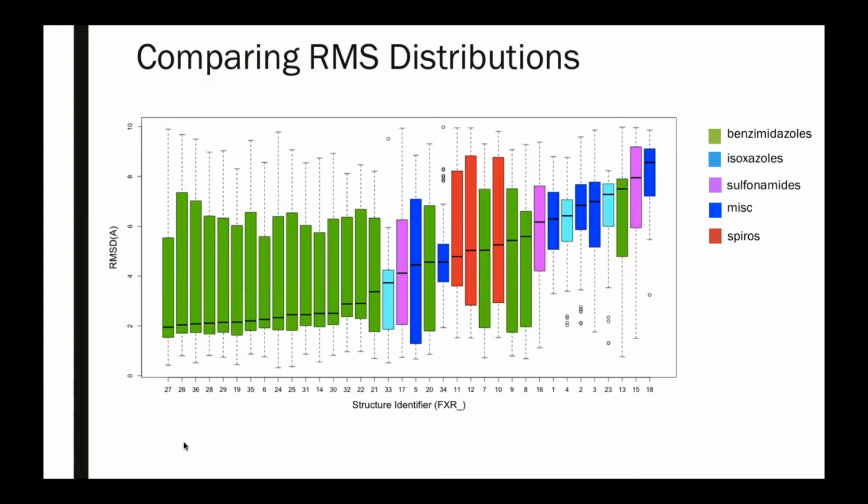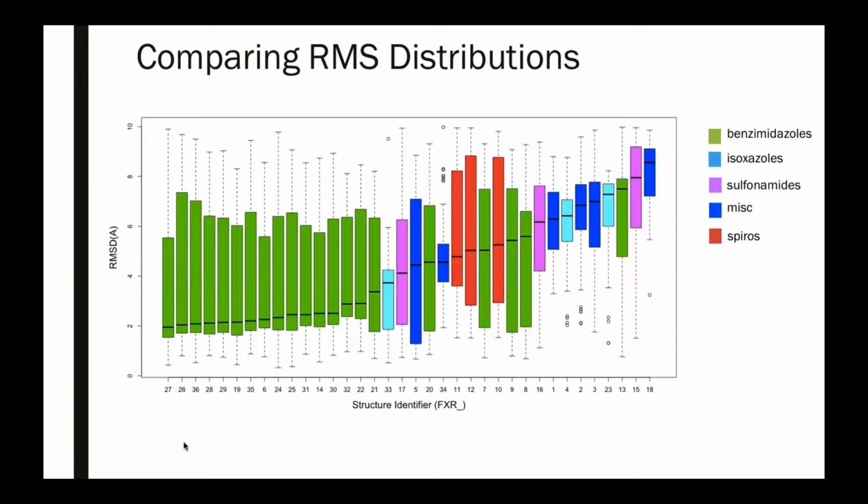As you can see, the benzimidazoles seem to be, with a few exceptions, well predicted. The spiros were more difficult to predict, and the sulfonamides even more difficult.